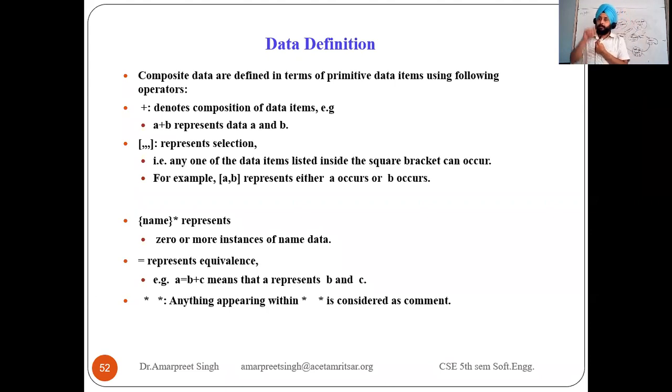So these are the commonly used symbols in a data definition.